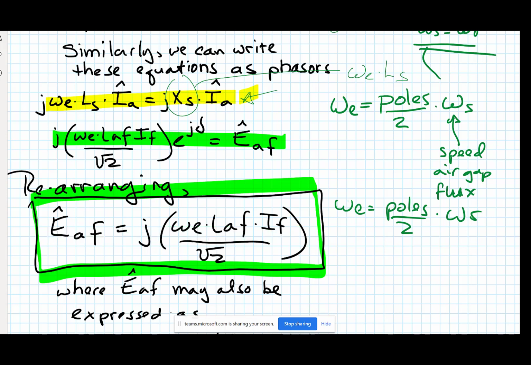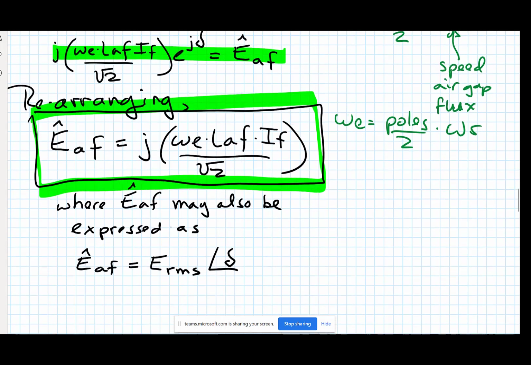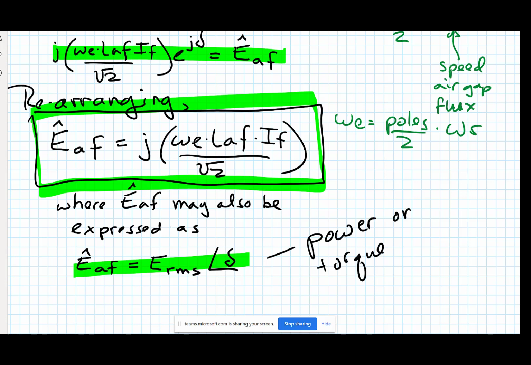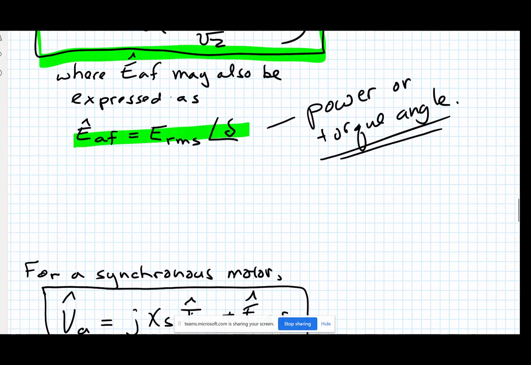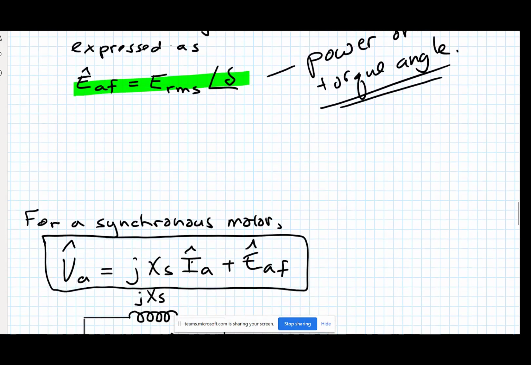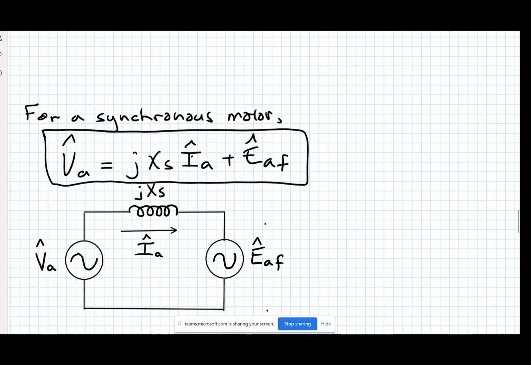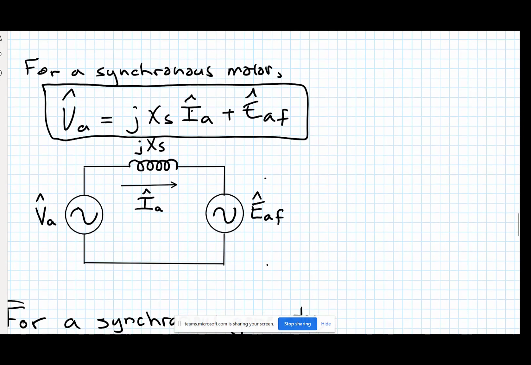So this can also be expressed as E RMS, with an angle del, and that angle is the power or torque angle. So because you've got this, we can now come up with an equivalent circuit in phasor form.